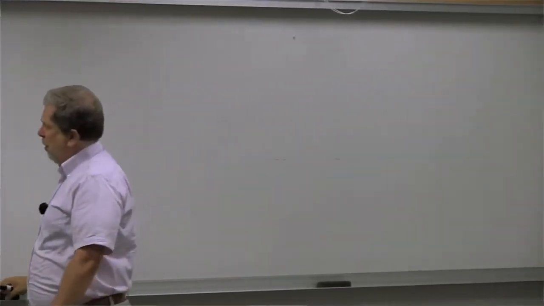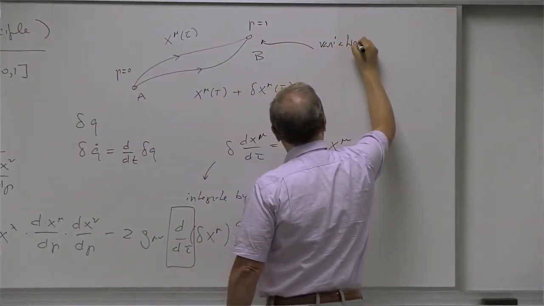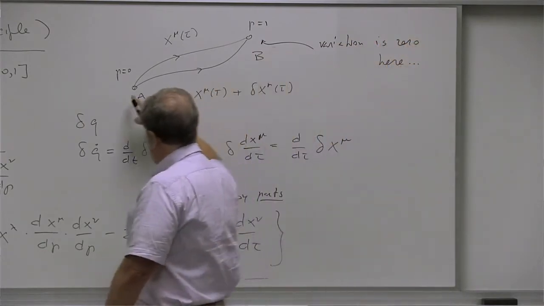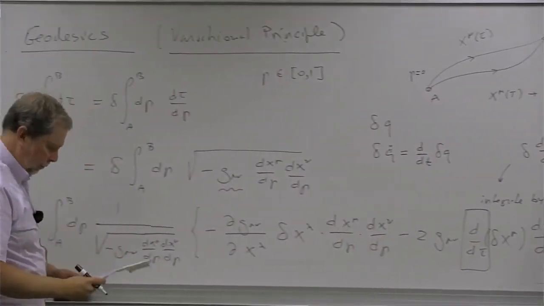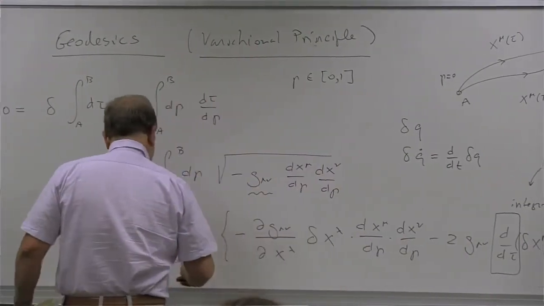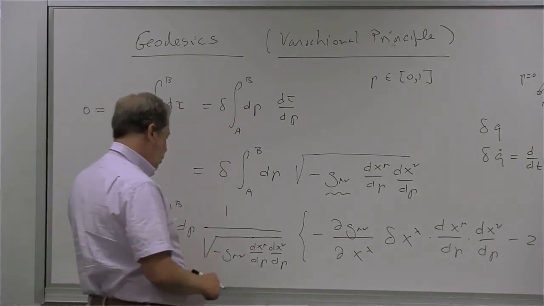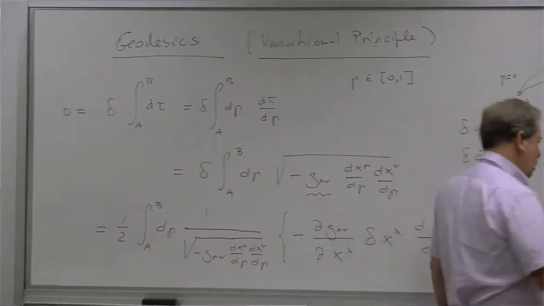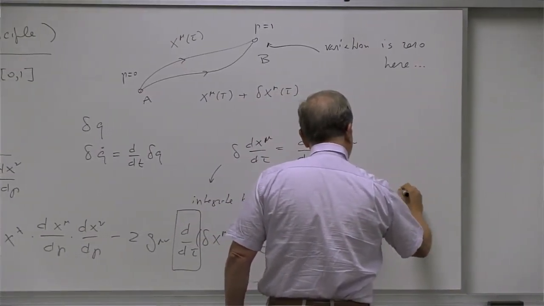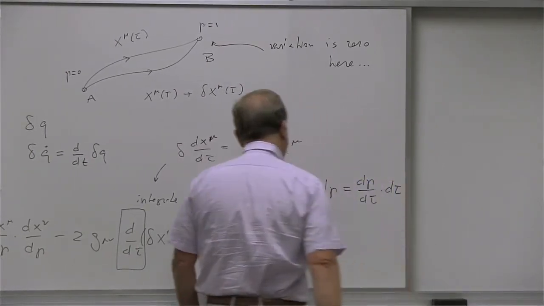So the variation is 0 here, and of course it's 0 at the other point. Now the other thing we're going to do is actually get rid of all the dp's, because we are going to use everywhere that dp is equal to dp by d tau times d tau.